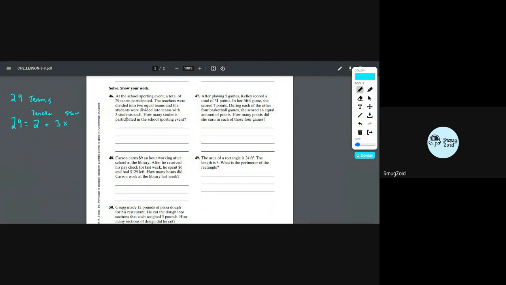All right, 3 student teams. That makes sense? Each. I'm going to go minus 2 here. Minus 2. I get 27 equals 3x. Divide by 3, divide by 3. 9 equals x, right? 9 students per team. 9 times 3.